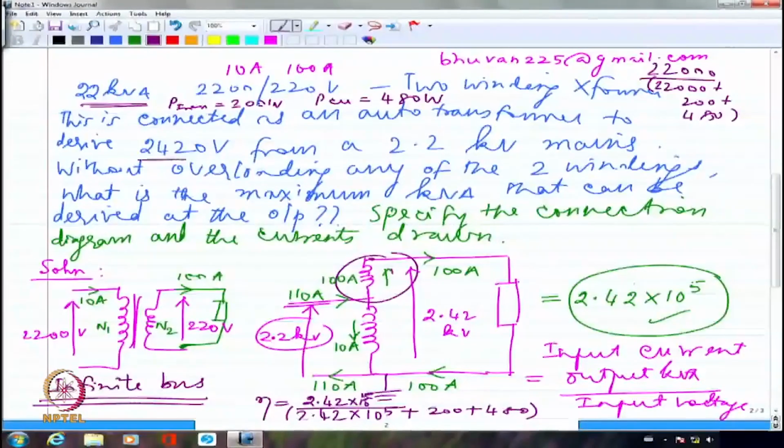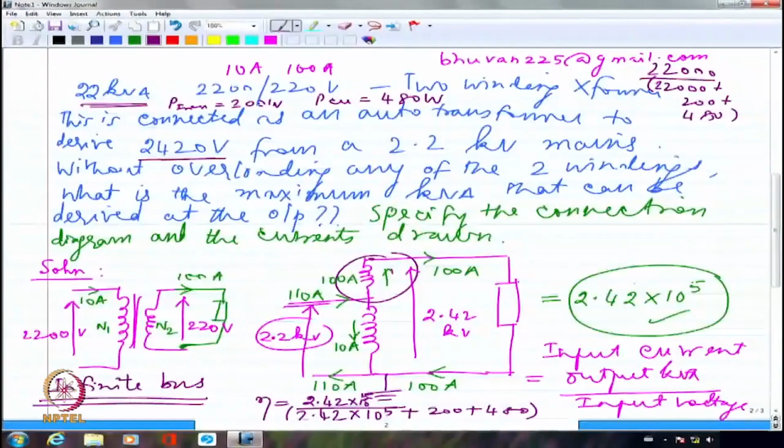This can happen only if I add both the voltages. So this is a series addition connection. You could also have had, from 2200 volts, I want to get only 2000 volts or less, whatever. In which case, you could have just taken it from here itself.